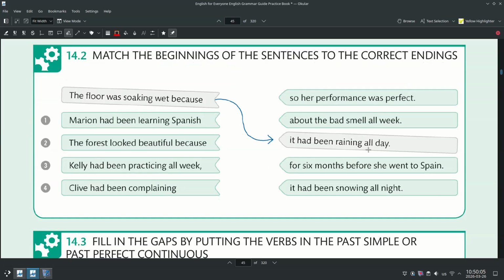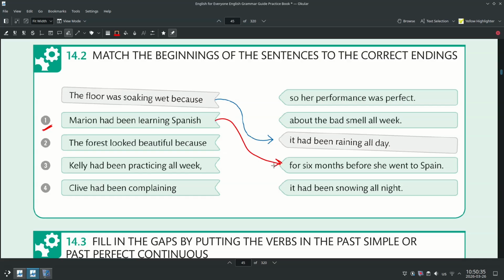So, let's match the beginnings of the sentences to the correct endings. The floor was soaking wet because it had been raining all day. Number 1. Marion had been learning Spanish for 6 months before she went to Spain. I think this one is for sentence number 1.